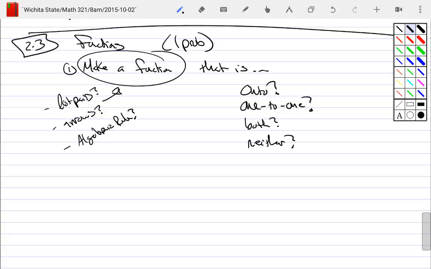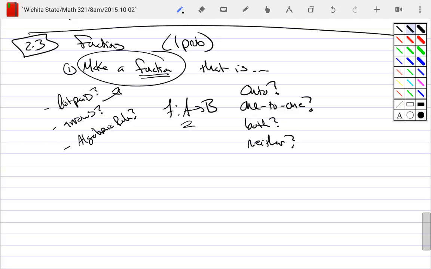I might ask you any one of those combinations. But the other thing is, it must be a function, right? And functions have a domain and a codomain. I will give you the domain and I will give you the codomain. And that means when you make your rule, it must be a function.